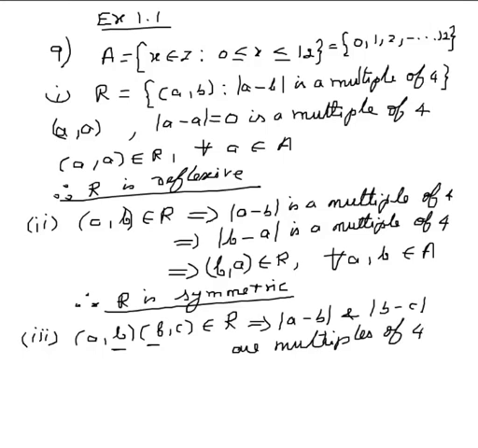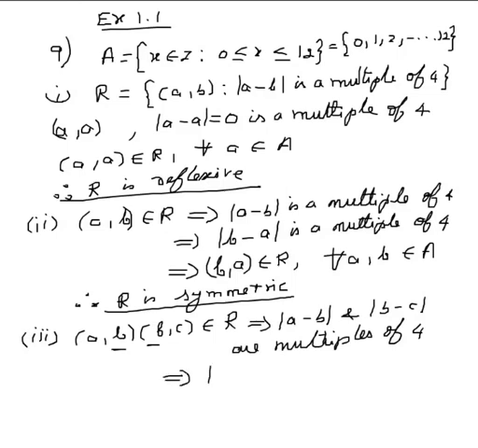So to get a minus c, I have to add them. But we know that modulus of x plus modulus of y is not equal to modulus of x plus y. We cannot add like this. We have to remove the modulus sign to add.